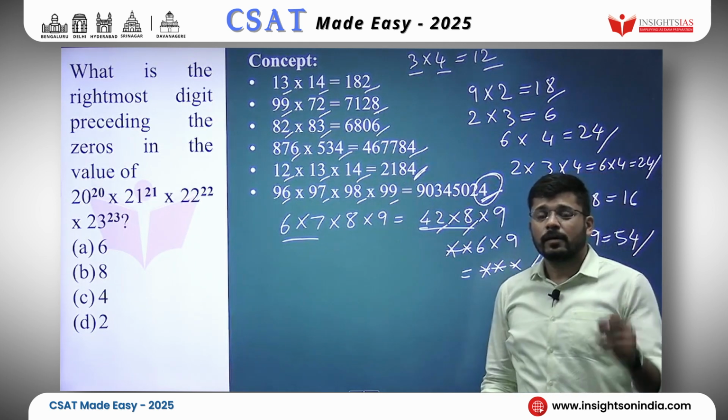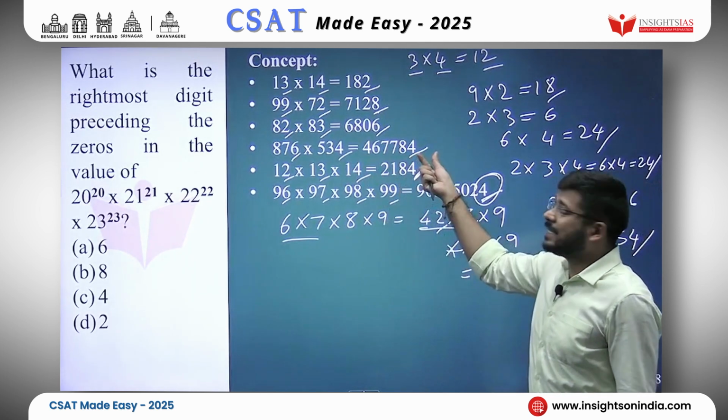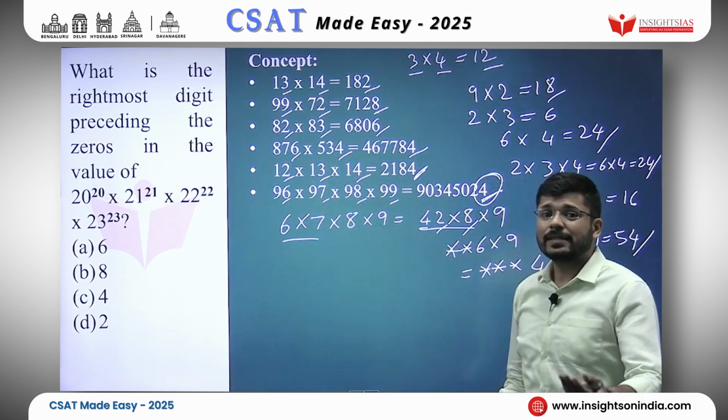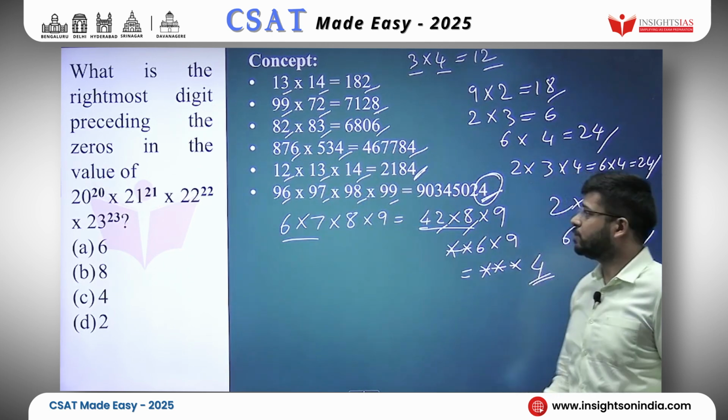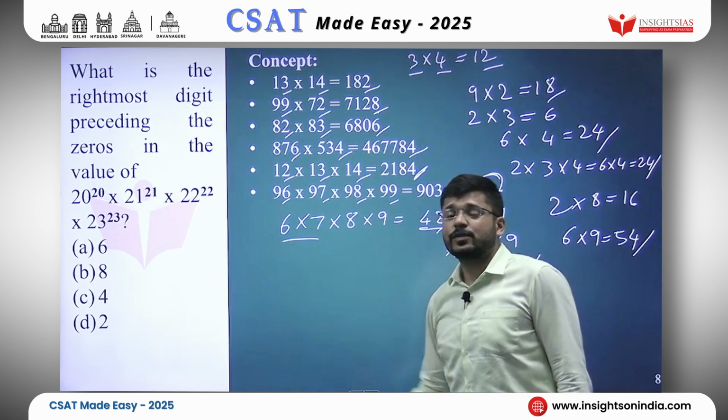I think you understood this concept, right? The last digit of the product is dependent on the last digit of the multiplicands that you used. Okay, based on this concept, we shall answer this question.